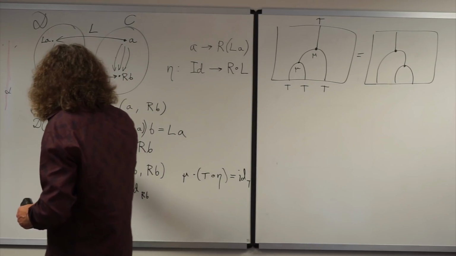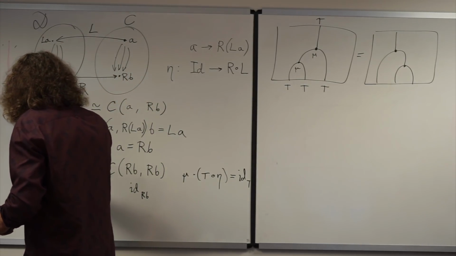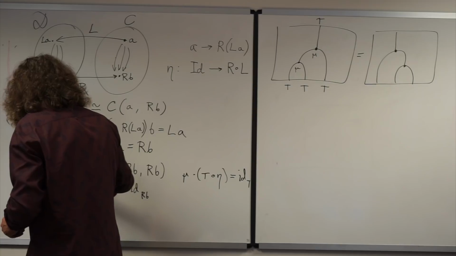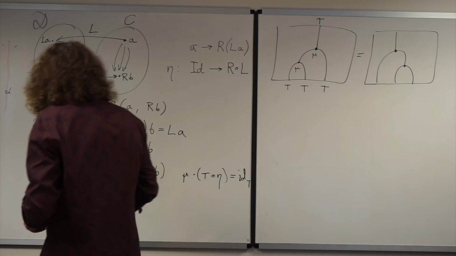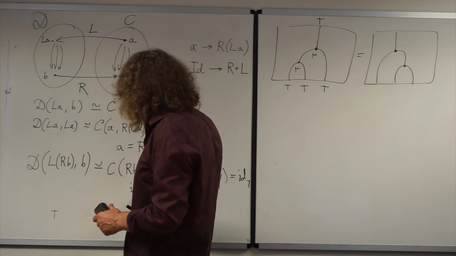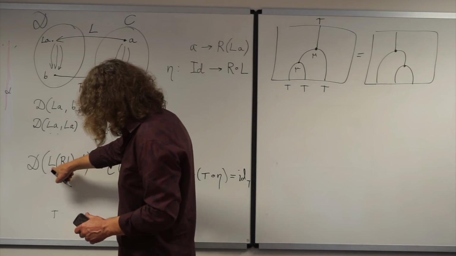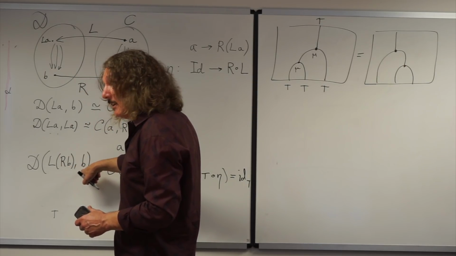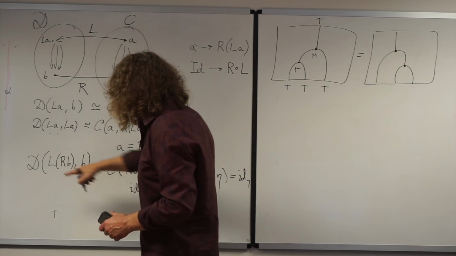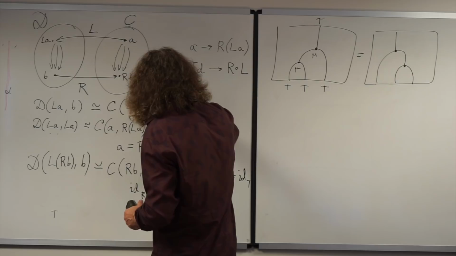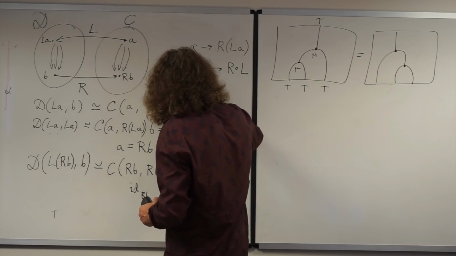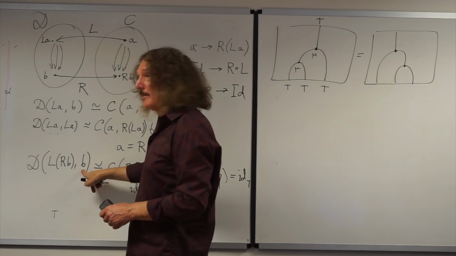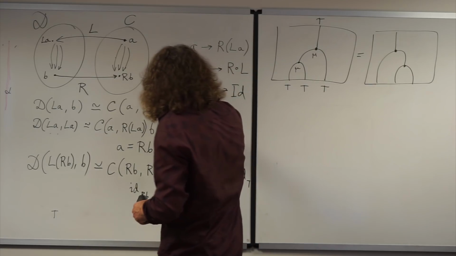And this corresponds to Hom from L R B to B. The identity will correspond to a morphism from LRB to B, which is natural in B. So this is a natural transformation, and I will call this epsilon, that goes from LR to the identity functor acting on B. So I have these two things.